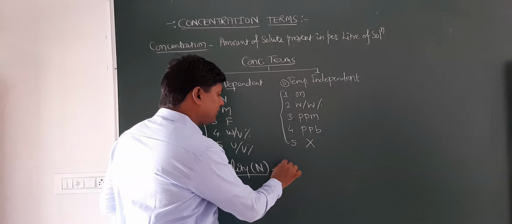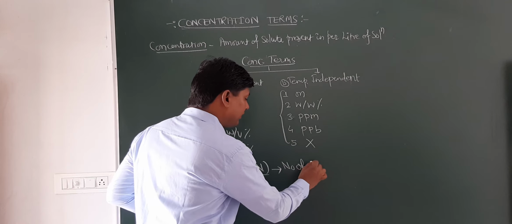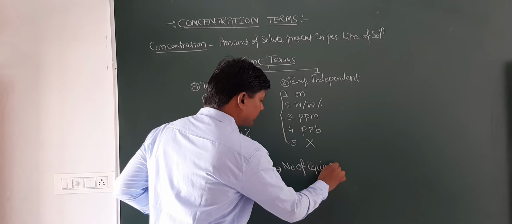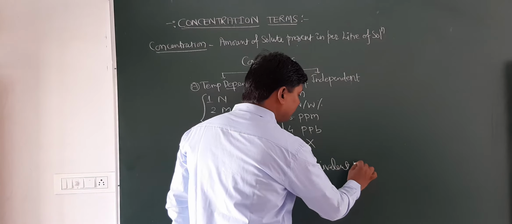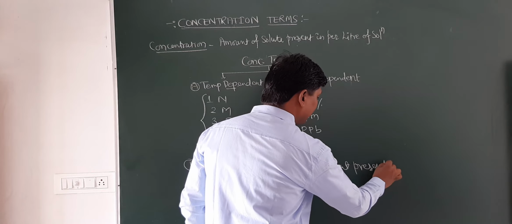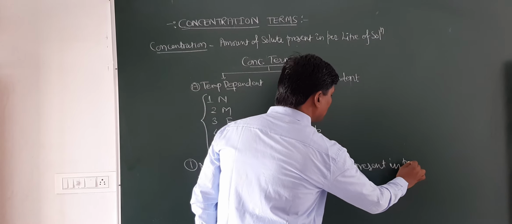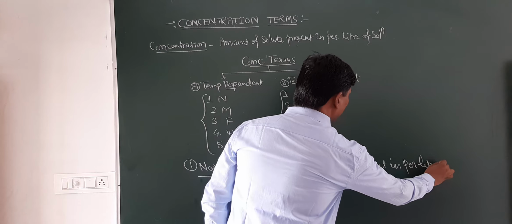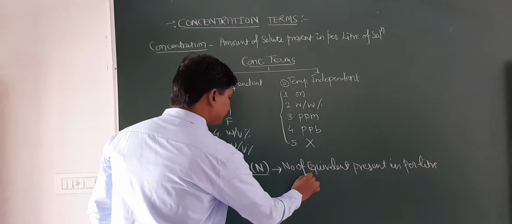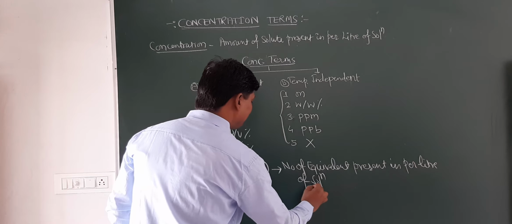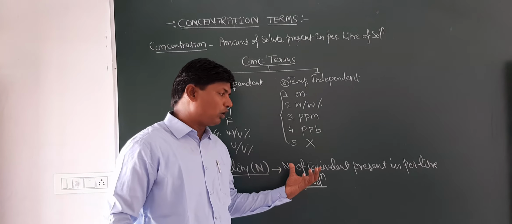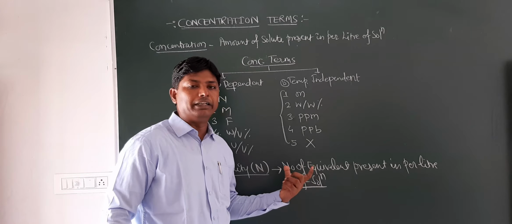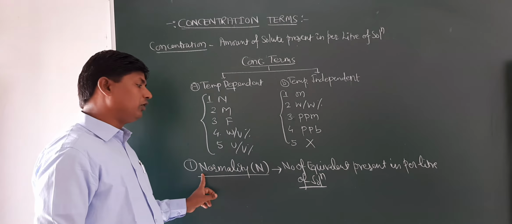Normality means number of equivalents of solute present in per liter of solution. It means how many equivalents of the solute are present in 1 liter of the solution, that is called normality.